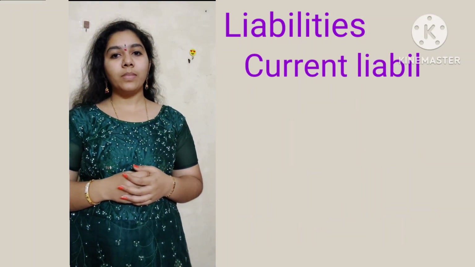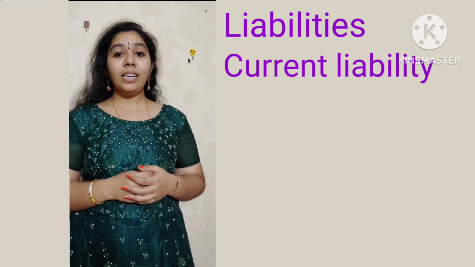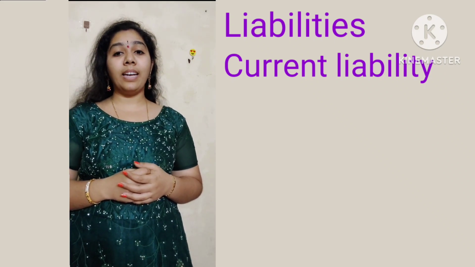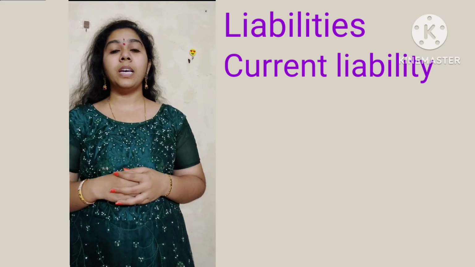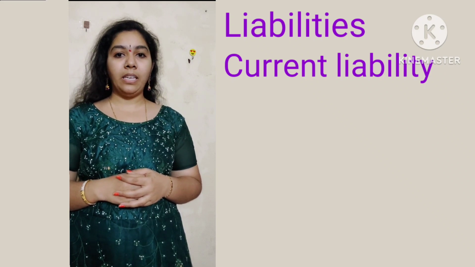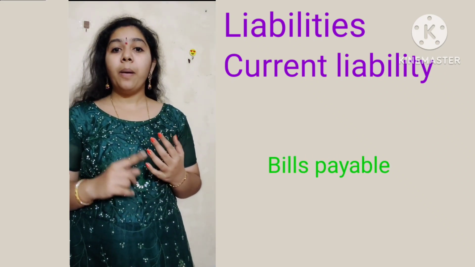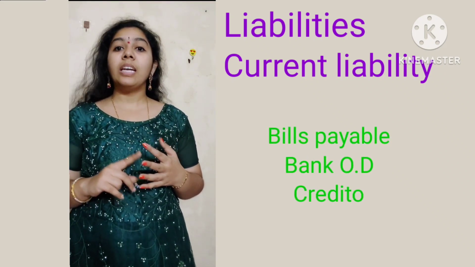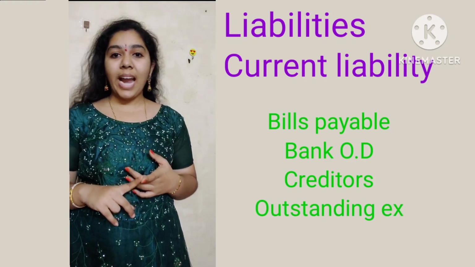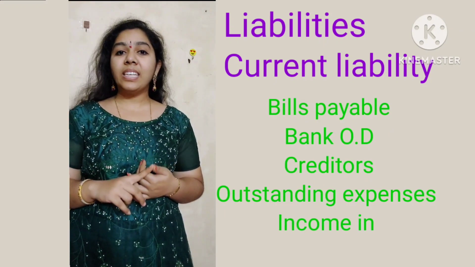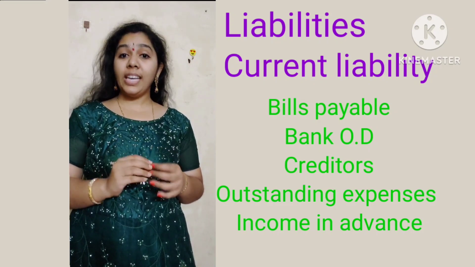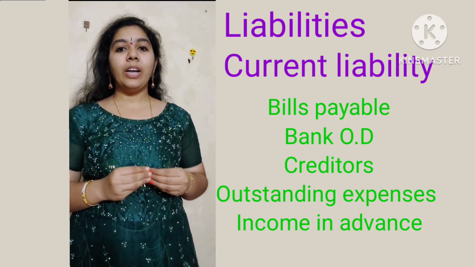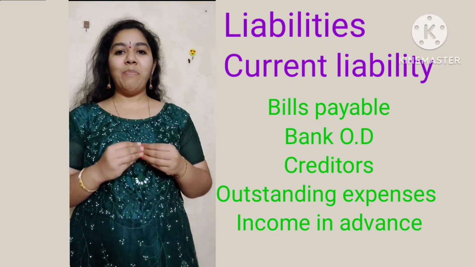And also current liabilities. Current liabilities means, as current assets have 9 types, the current liabilities are bills payable, bank overdraft, creditors, outstanding expenses, income in advance. So these are the elements that will be written in the liabilities.